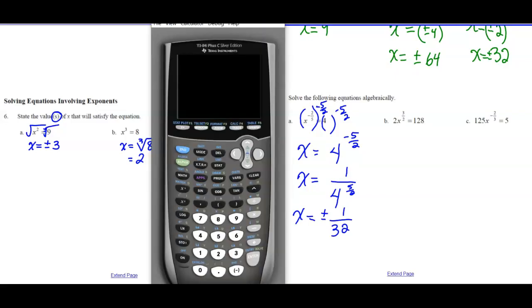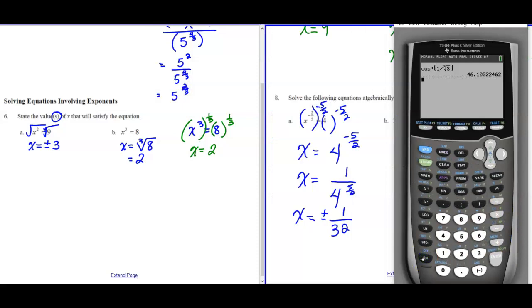Can you check it? Well, let's see. In this case, let's go back and put in, say, you want to check if it's negative. Some of you have a fraction button. If you do, I'm going to put the negative in, fraction of 1 over 32, then raise that to the exponent negative, fraction 2 over 5.